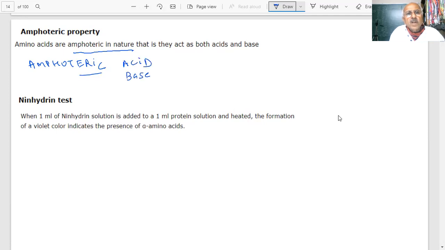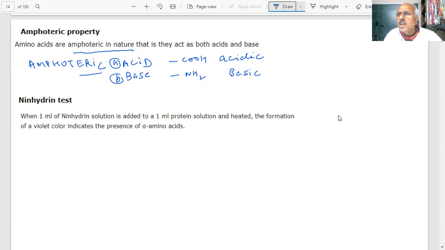Why, students? Because it has a COOH group and an NH2 group. This group is acidic, this group is basic. Fundamental questions are there, students. You learn it, you will be through. It will come in every case.